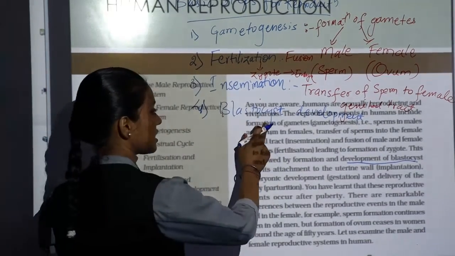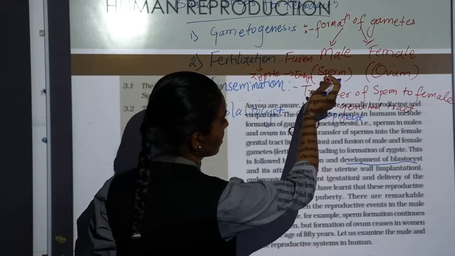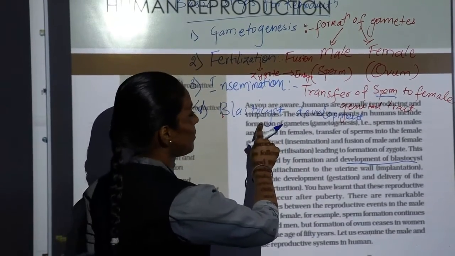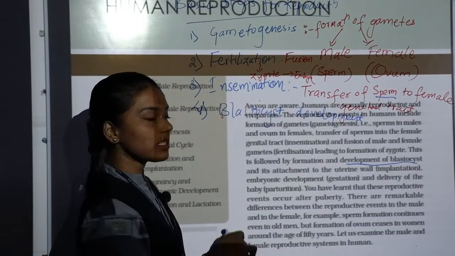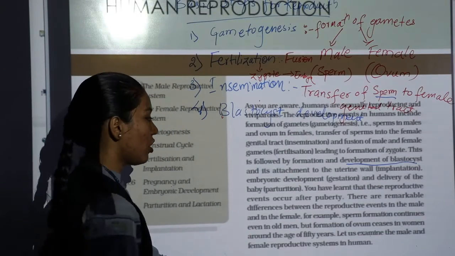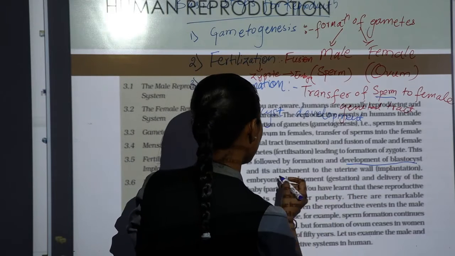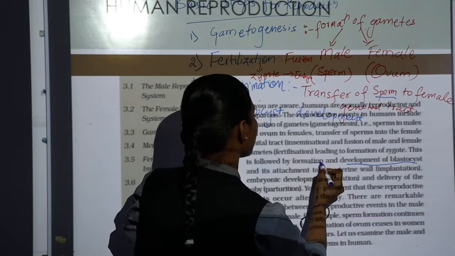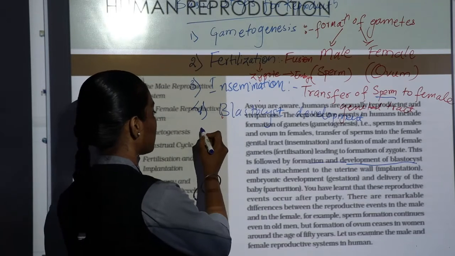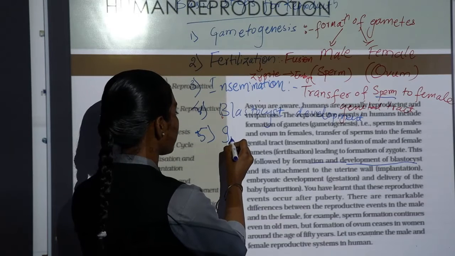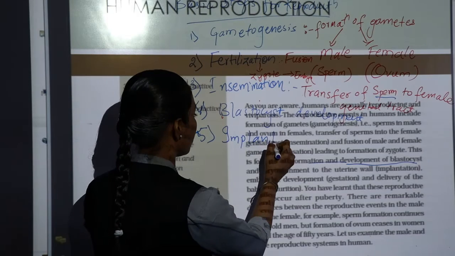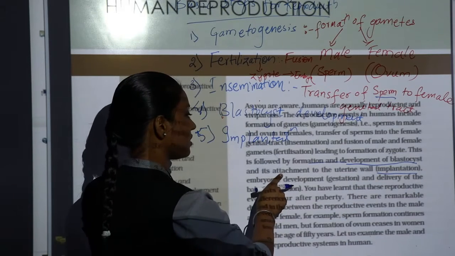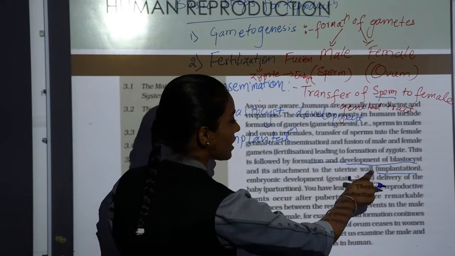In blastocyst development, once the sperm enters the genital tract, the zygote formation leads to development of the blastocyst. Once the blastocyst is formed, the next step is called implantation. Implantation is the attachment to the uterine wall.